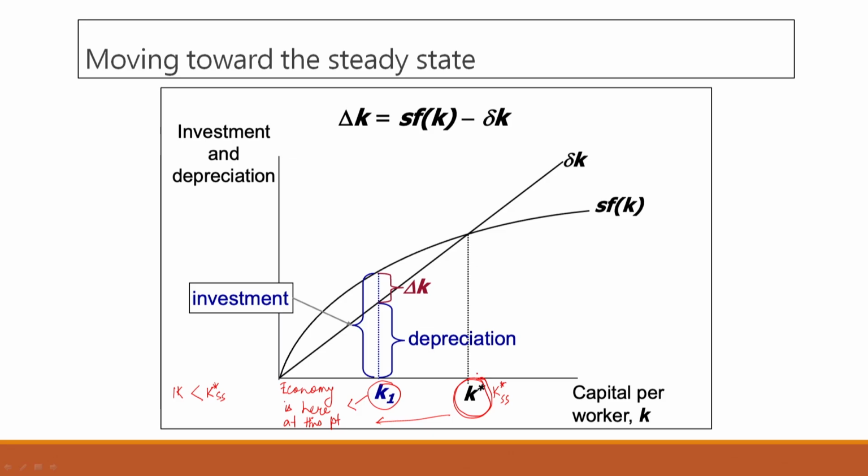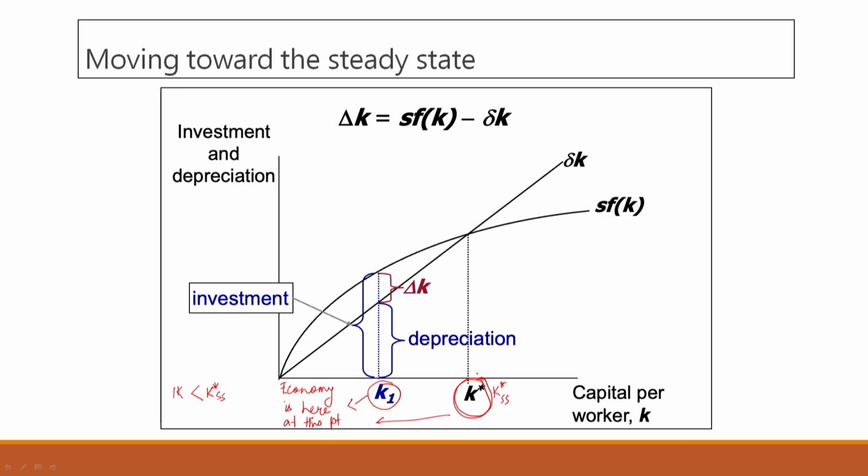So, let us see that when an economy to begin with is at a point like K1, where K1 is less than K star, then how does an economy move from K1 to K star? Is this clear to all of us? Then we can proceed from here. So, let us take a look at this point K1, which is below K star.